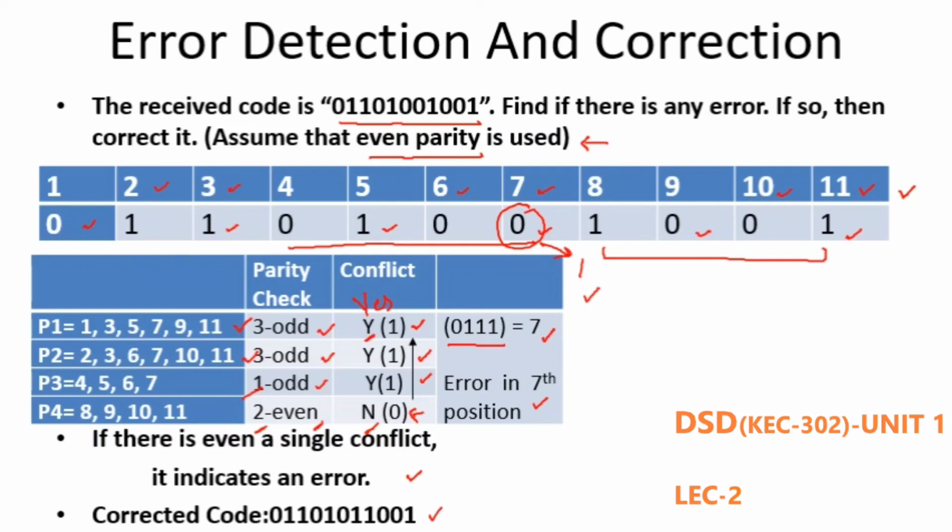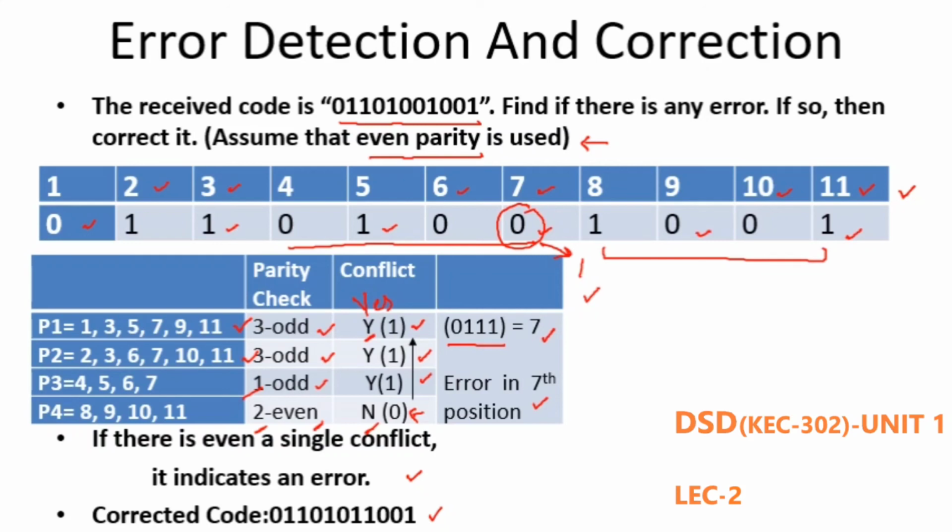So in this way, Hamming code has been used to detect the errors first, and then it has corrected the errors. If the examiner has mentioned to perform this using odd parity, this can also be done. In that case, the same bit combinations would be checked, and a conflict would be noted if the resultant parity were even. Here, a conflict is generated when the resultant parity is odd, because the code was prepared using even parity.